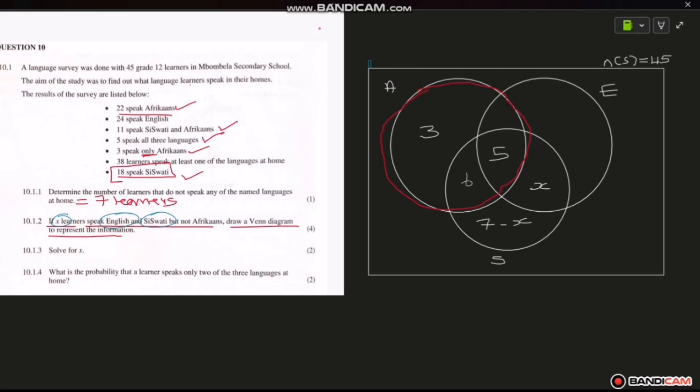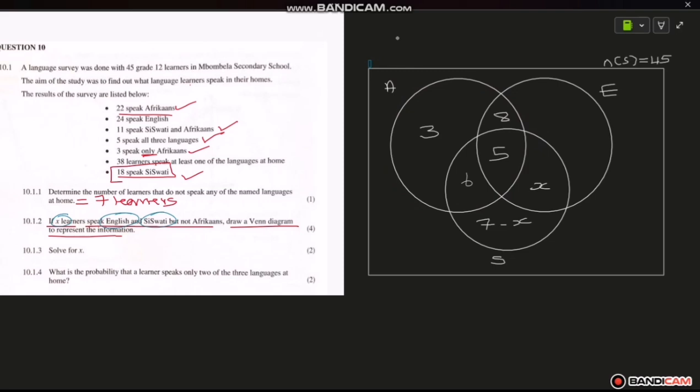I'm not sure if you guys are getting this, but it's very, very important. Okay. Let me erase this. Then our answer here is going to be 8. Yes. Then they're saying that 24 speak English.